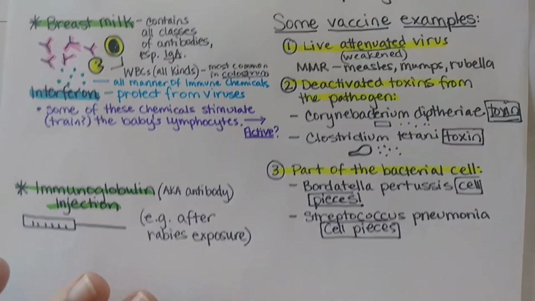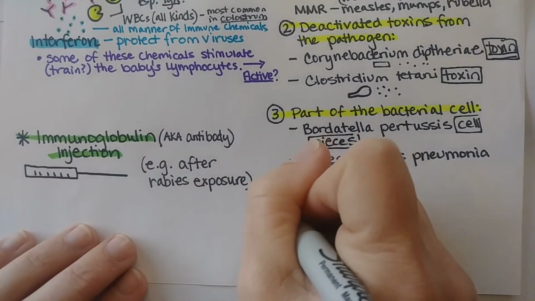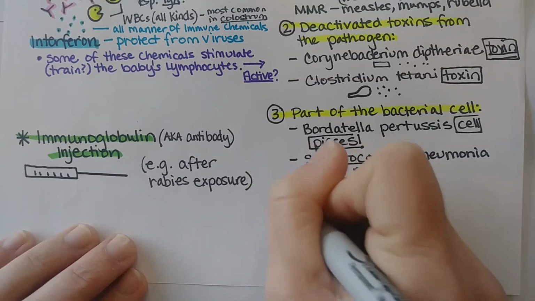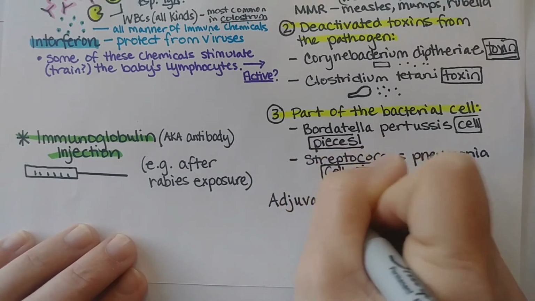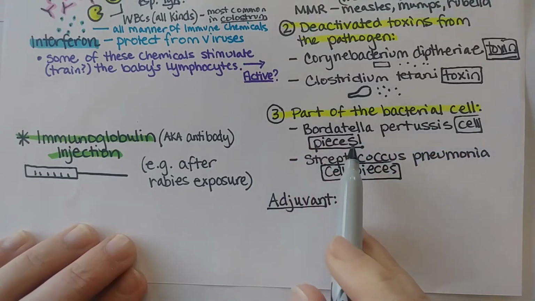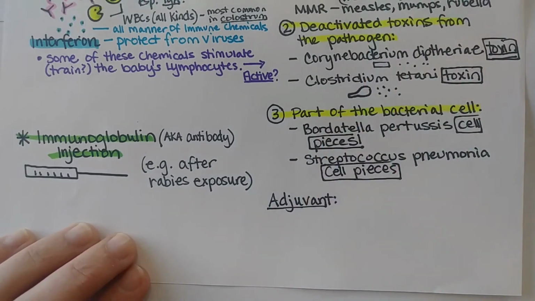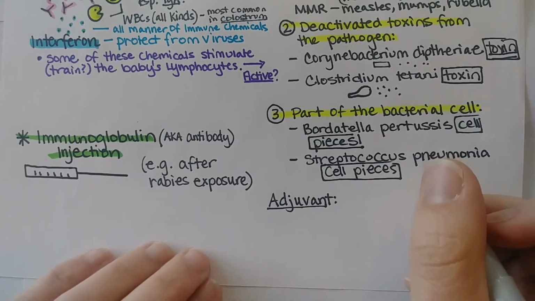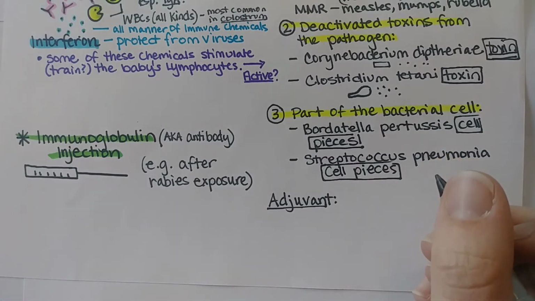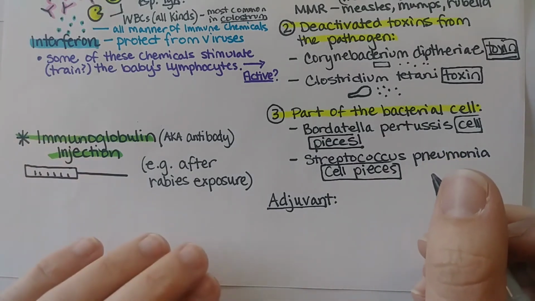And then the last thing I want to say on this page is to tell you what an adjuvant is. This is something that is added to the vaccine in addition to the cell pieces or the toxin or the weakened virus that is particularly irritating to the immune system, and hopefully the reason they do it is they're trying to get a stronger immune reaction.